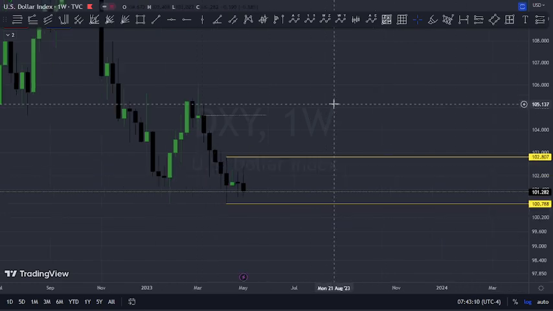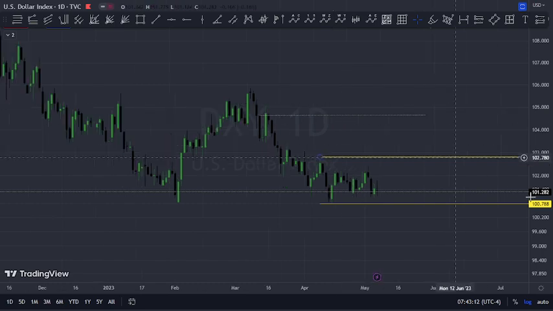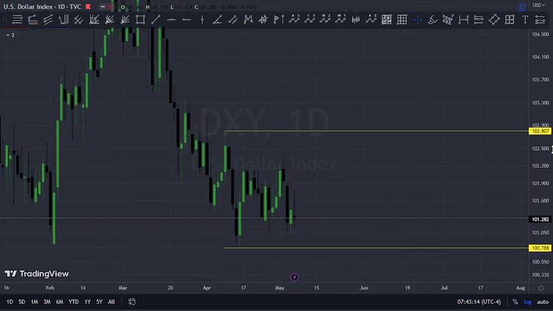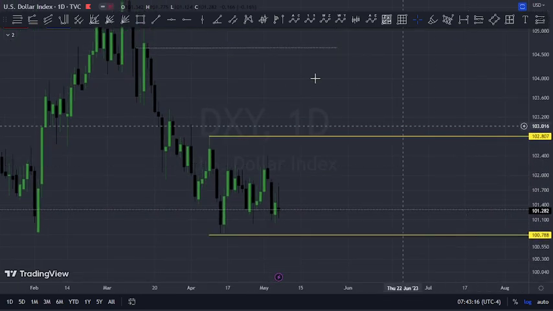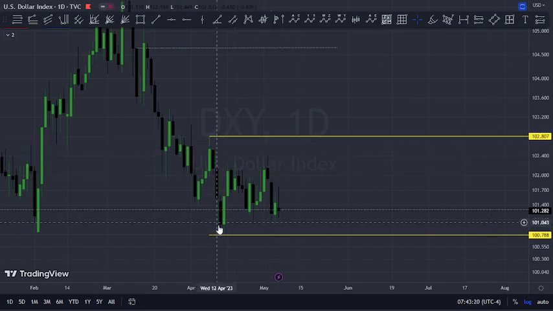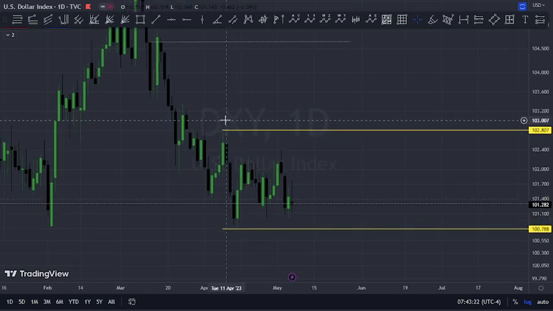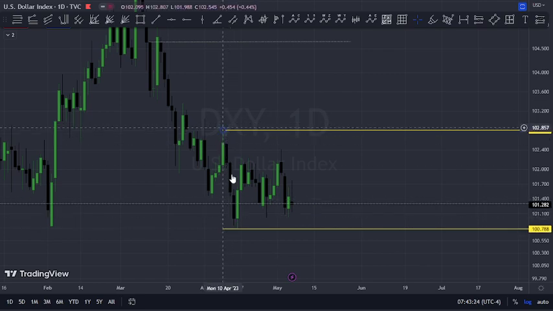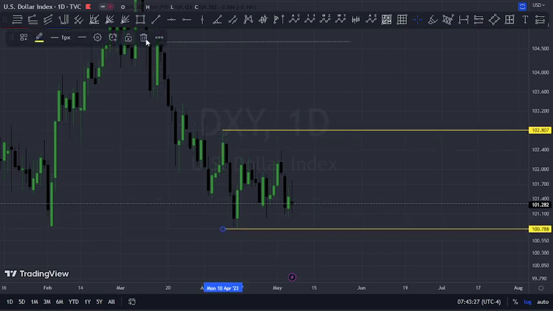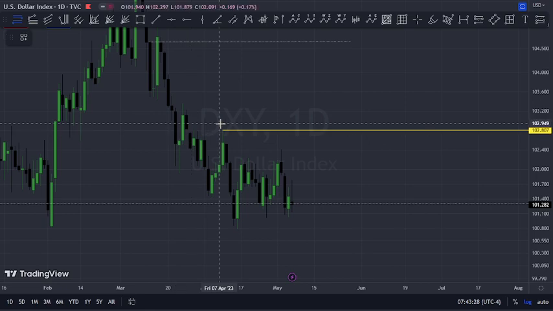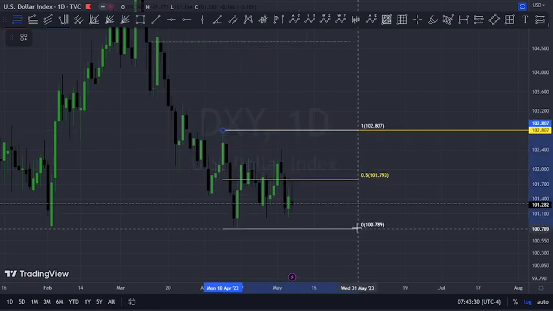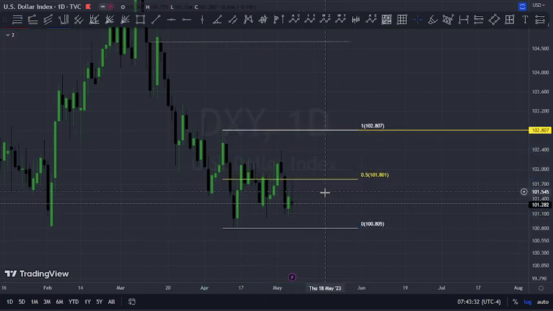Now drop to the 1 day time frame. Wow, as I said, on the weekly time frame, on the day time frame we have exactly this array: up, high and low. So from here we can draw the premium and discount. This is the premium, this is the discount.